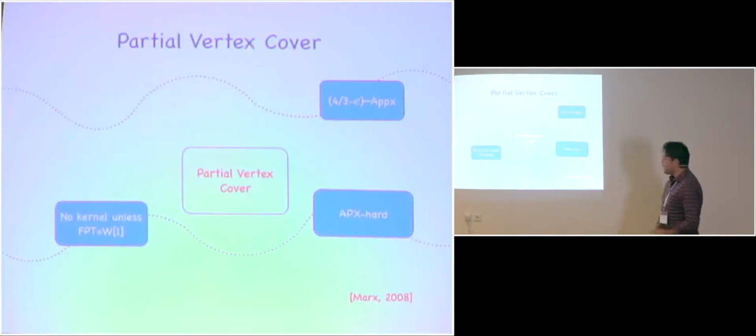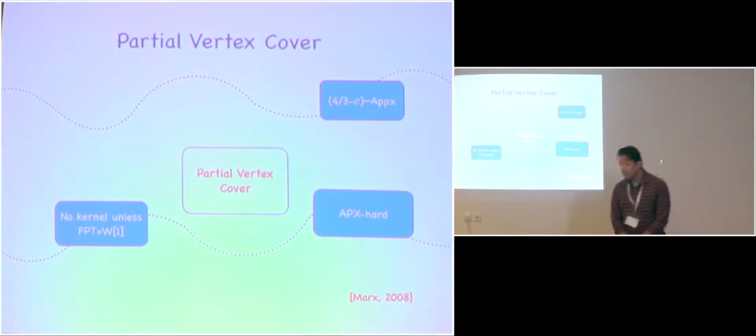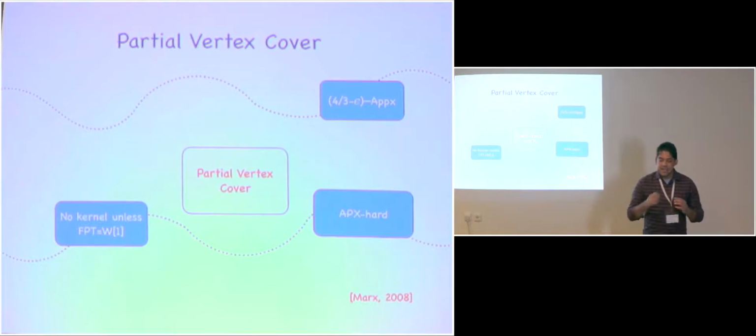Okay. So another example is something that you might be a bit more familiar with. I really hope you remember the name, at least. Partial vertex cover. And the FPT approximation that Meirav just presented is actually nothing but the following. Step 1, compute a 1 plus epsilon approximate kernel. Step 2, brute force on it. This is actually what she told you.